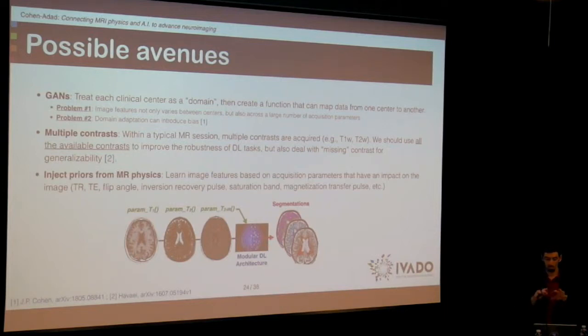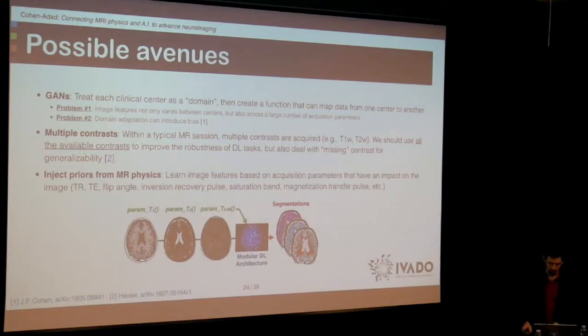So when we program the MRI to scan someone, we know what the numbers are. So why not try to input those numbers into the architecture so that the model would learn alongside the images how the contrast would be generated, and ultimately that could improve the performance of those models.